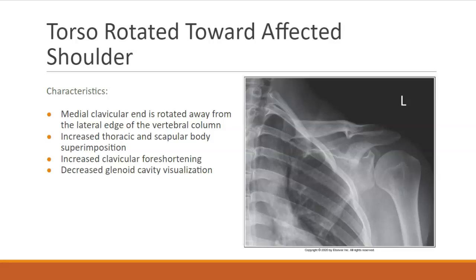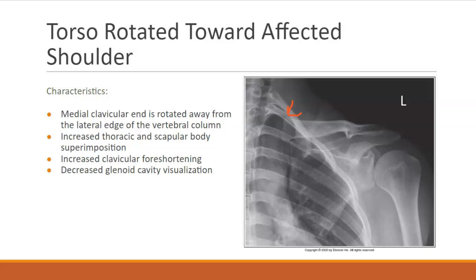Moving on, let's talk about some more common positioning errors when it comes to rotation. When the torso is rotated toward the affected shoulder, that resulting projection will demonstrate the medial clavicular end rotated away from the lateral edge of that vertebral column.